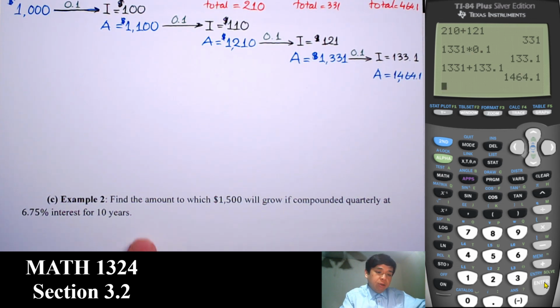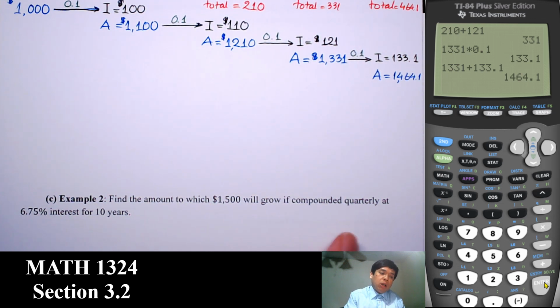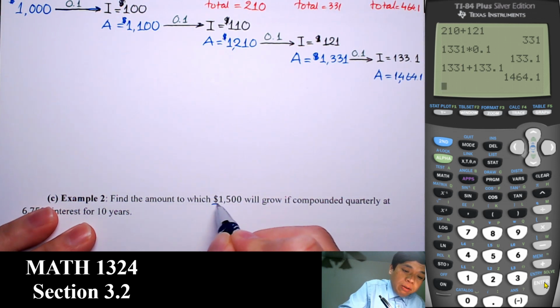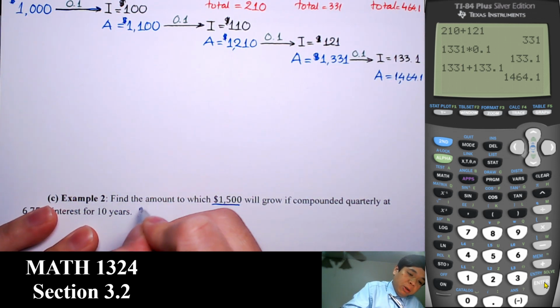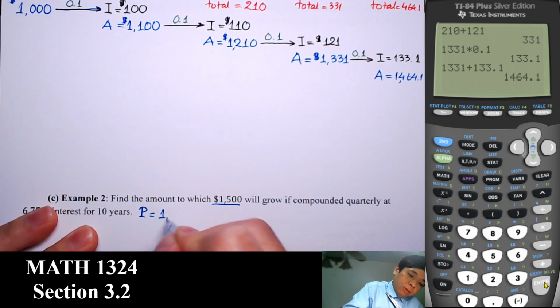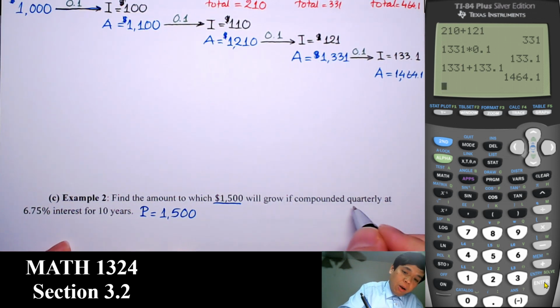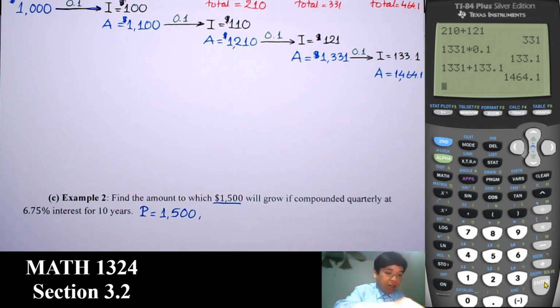Right. Find the amount to which 1,500 will grow if it is compounded quarterly at that interest rate for 10 years. Now this is straightforward. Right now whatever we have, 1,500, that will be the principal. Compounded quarterly means 4 times a year.